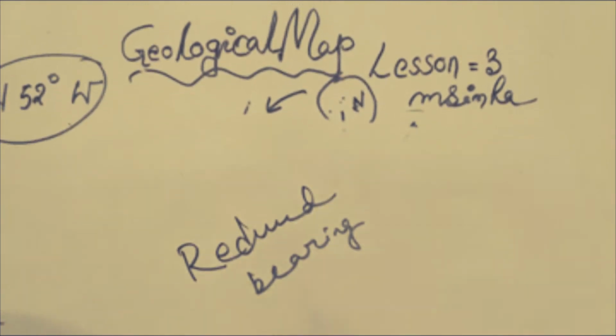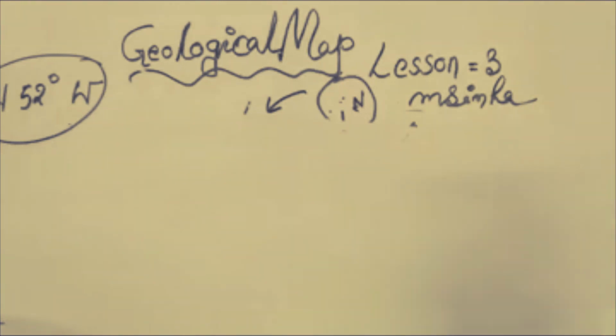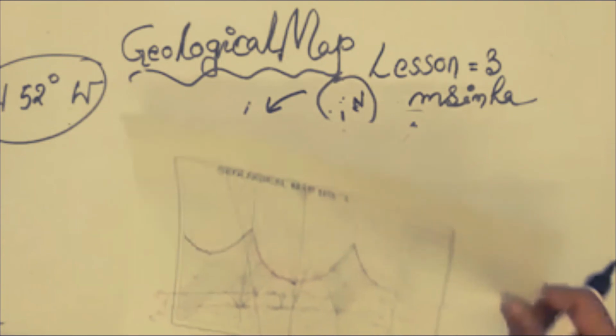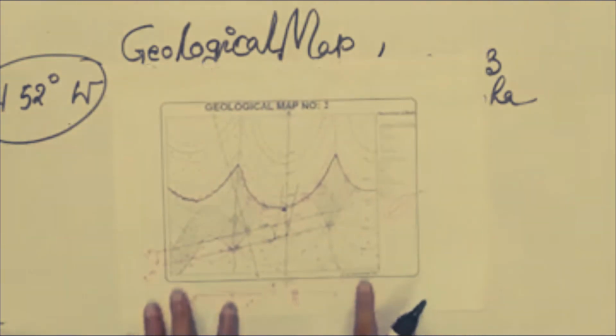Another thing I want to say is that sometimes you can plot all these things, all the geological map, in inch graph paper, because here the scale is 1 inch equal to 1000 feet.